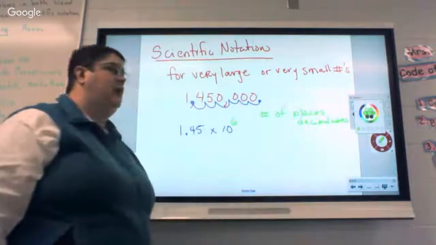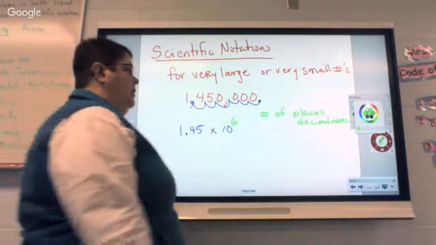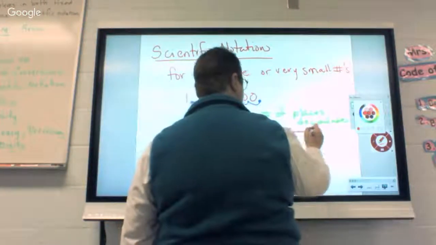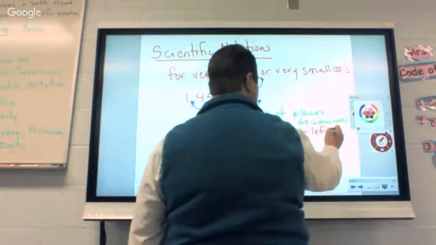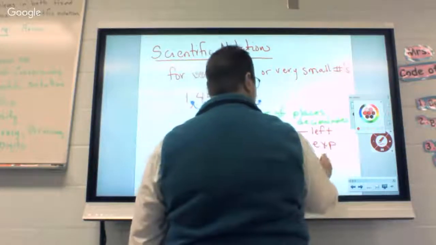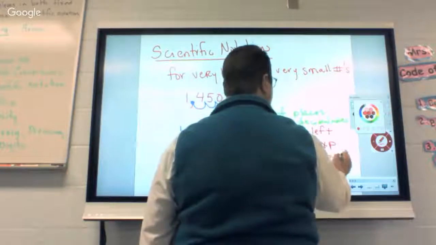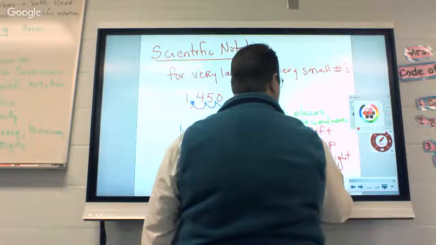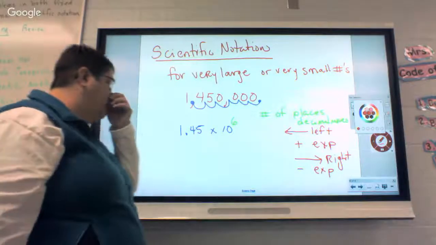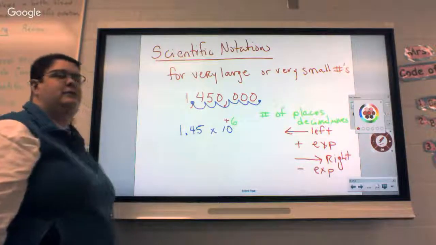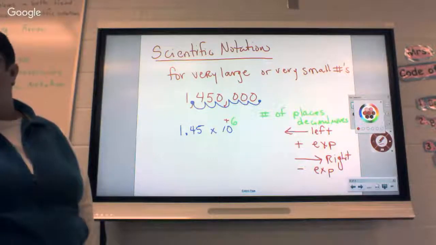Now, if the decimal moves left, it's a positive exponent. If the decimal moves to the right, it's a negative exponent. Well, since this one moved to the left, we make it a plus 6. Ever remember seeing that before?